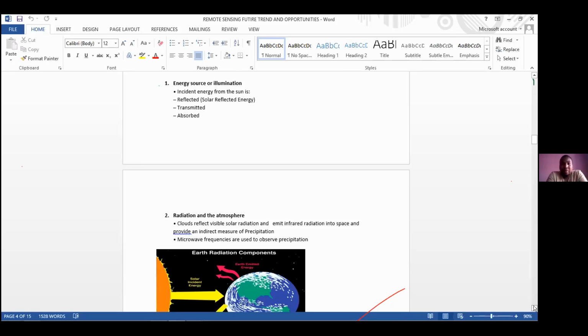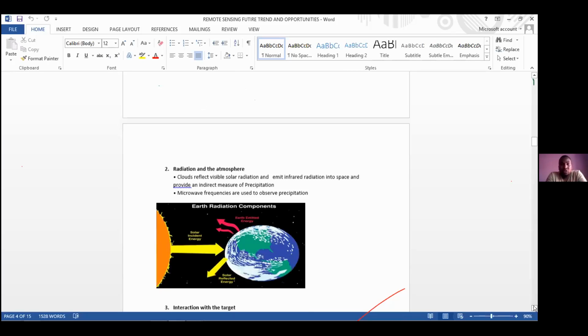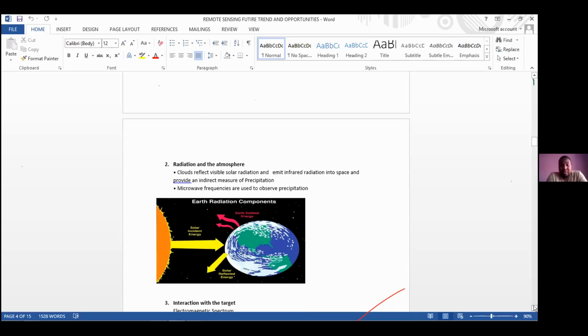Then the next step is radiation at the atmosphere. The clouds reflect the visible solar radiation and emit infrared radiation into space and provide an indirect measure of the precipitation. This is what I was explaining now. You see here, the sun releases what we call incident energy or solar radiation to the earth.